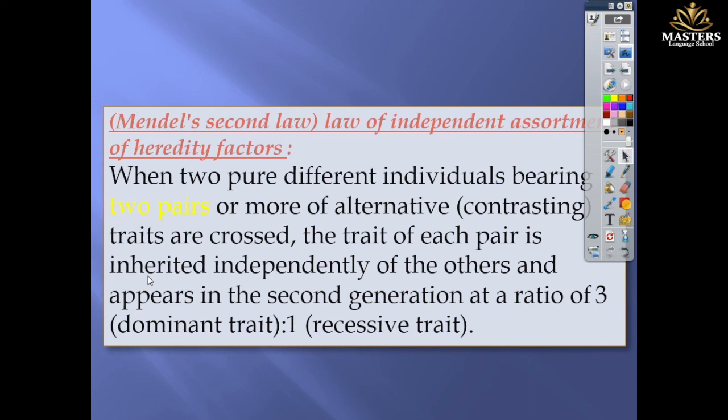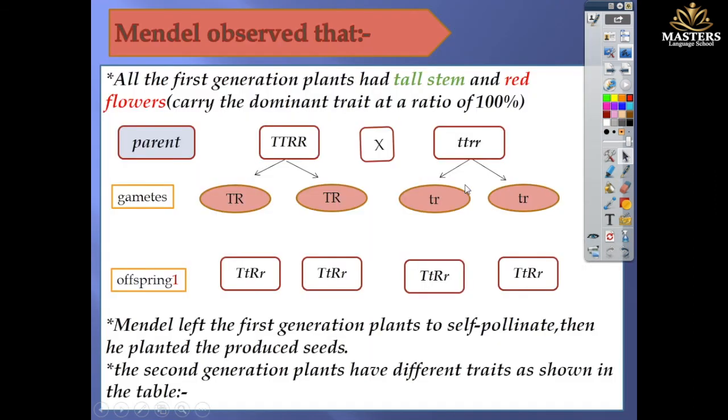As we said, when two pure different individuals, tall stem with red flower and short stem with white flower, pure but different, are crossed, the first generation will be 100% carrying a dominant trait, but hybrid.